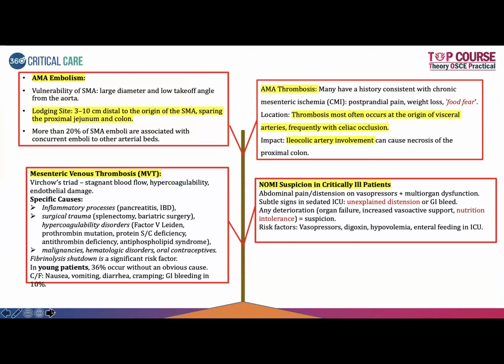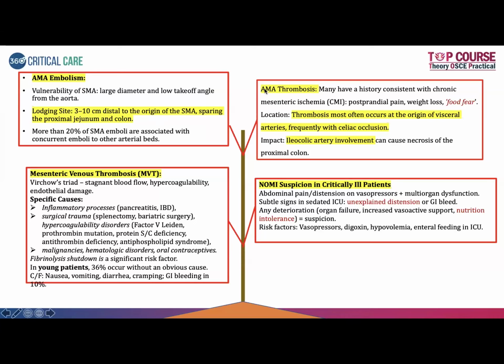Looking at SMA embolism specifically, the vulnerability of the SMA is because of the large diameter and a low takeoff angle from the aorta. Usually the embolus lodges at a site 3 to 10 centimeters distal to the origin of the SMA, sparing the proximal jejunum and the colon. More than 20% of SMA emboli are associated with concurrent emboli to other arterial beds also.